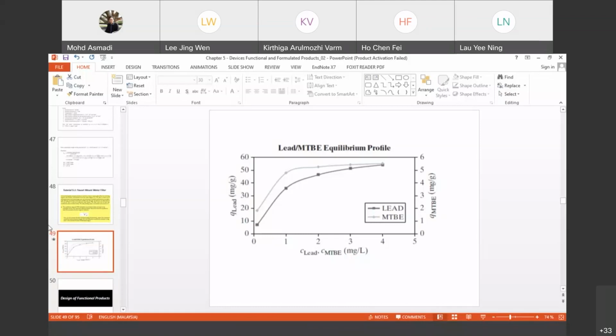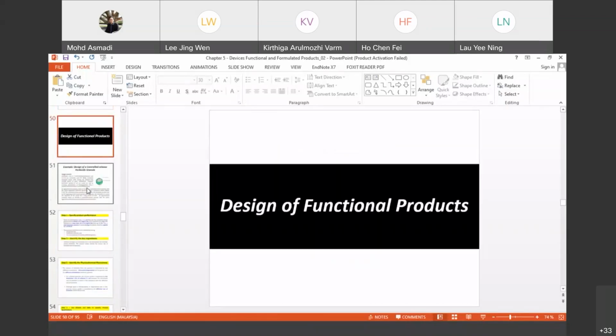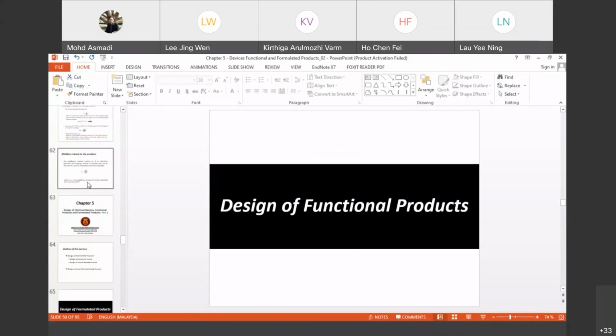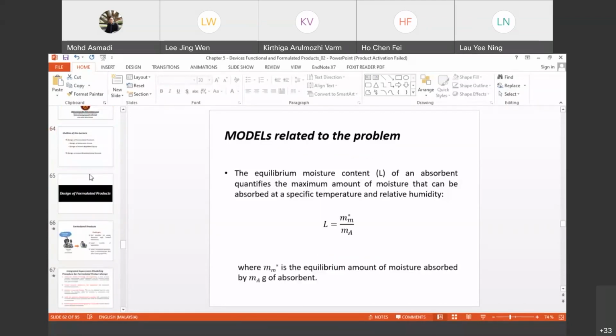Any question about the steps on how to design the chemical devices? The same steps can also be used for the functional product, but we will discuss this more in the next class, together with the formulated product.